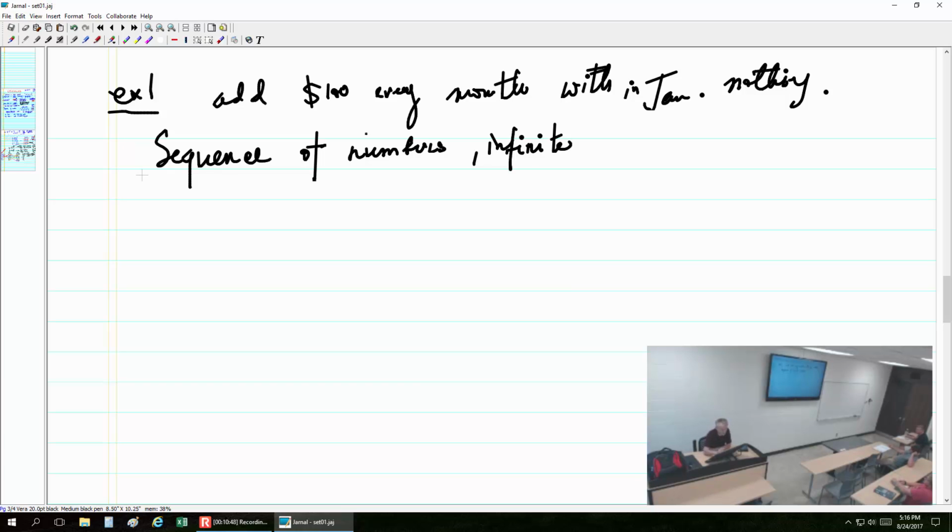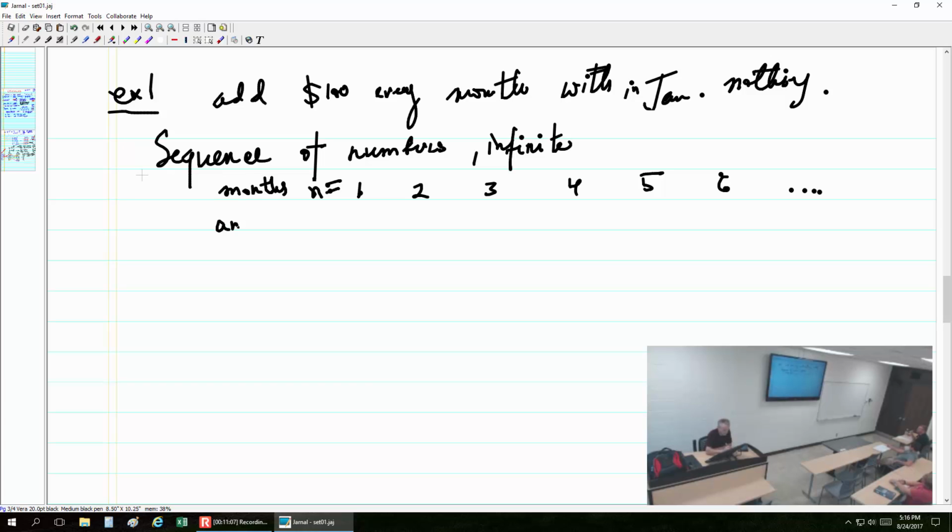So it is infinite in one sense. There's the correspondence to the months, so I put months here, and then it runs 1, 2, 3, 4, on and on, dot, dot, dot.